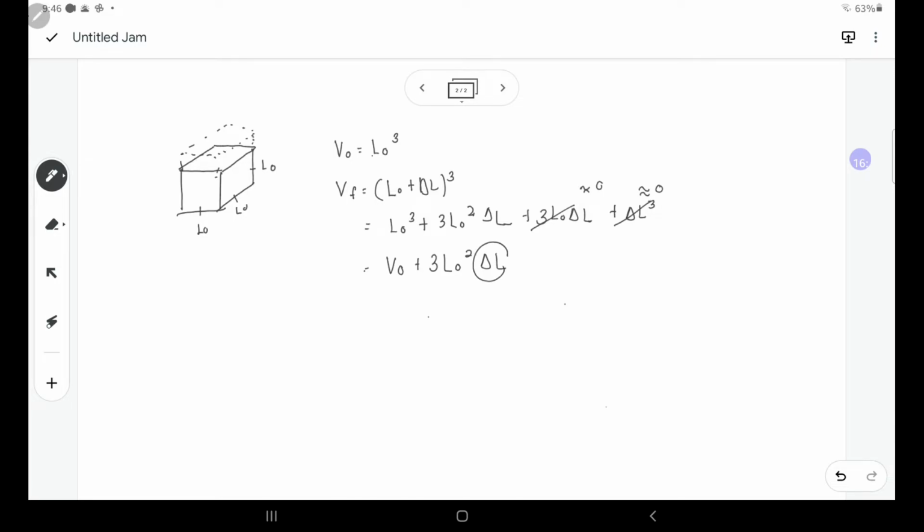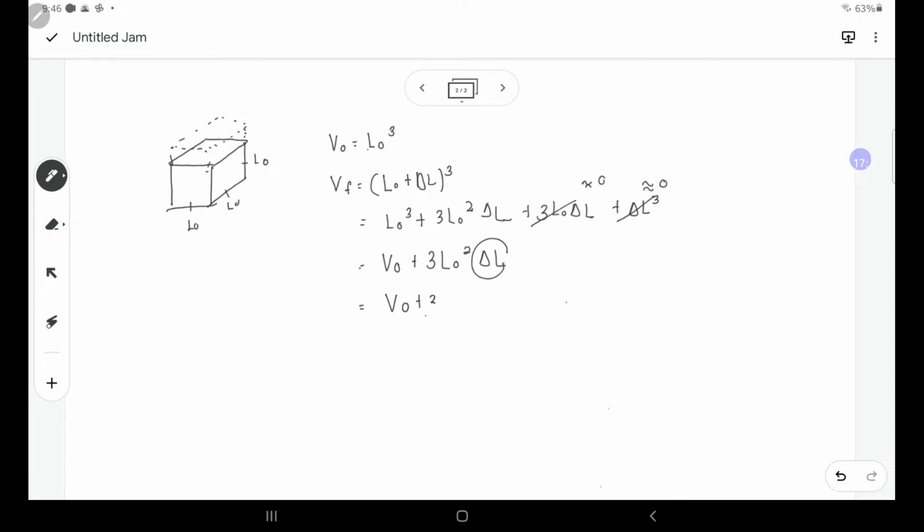So just substitute this with the equation of linear expansion, so you get alpha L0 delta T. So substitute, and this one is equal to V0 delta T. So we factorize, get V0 times 1 plus 3 alpha delta T. Okay.